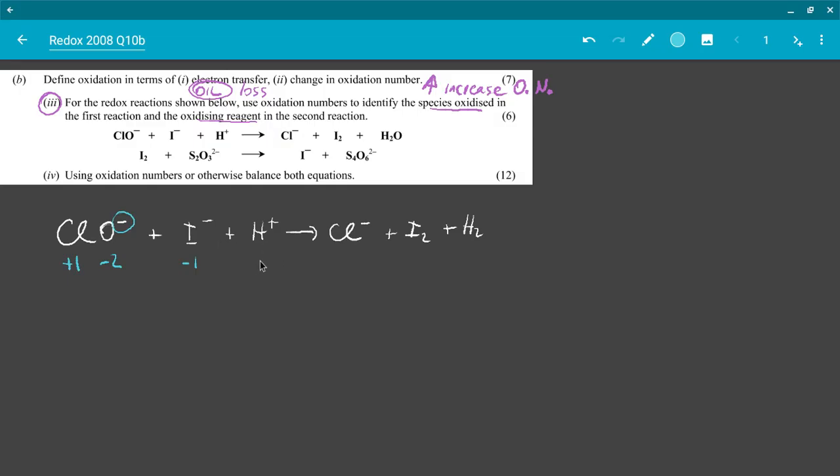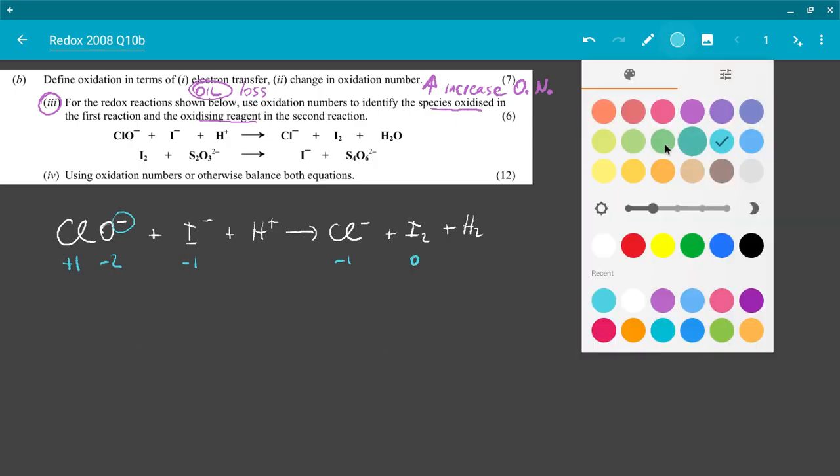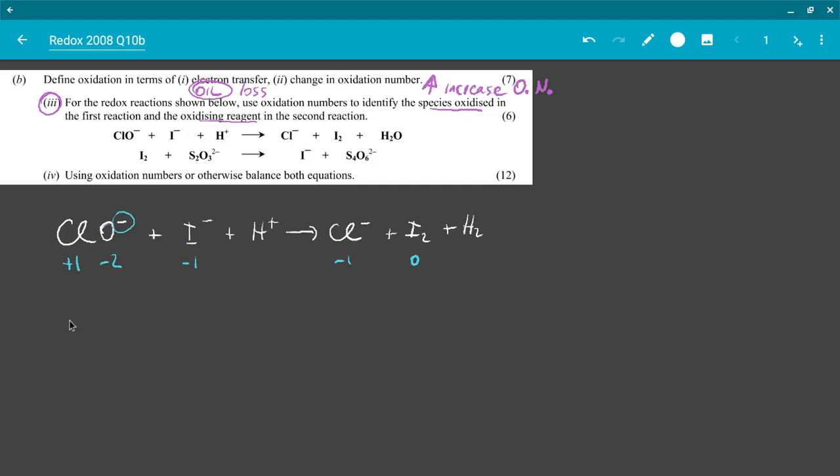Iodide -1, hydrogen we don't need, chlorine -1, iodine 0. So let's set up a table of what's changing. Cl is going from +1 to -1, and iodine is going from -1 to 0.